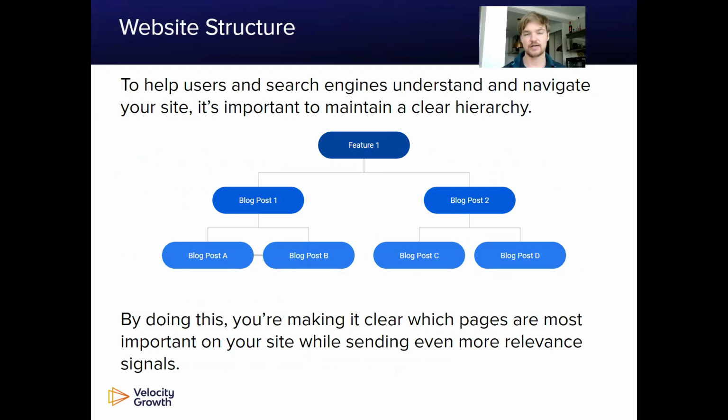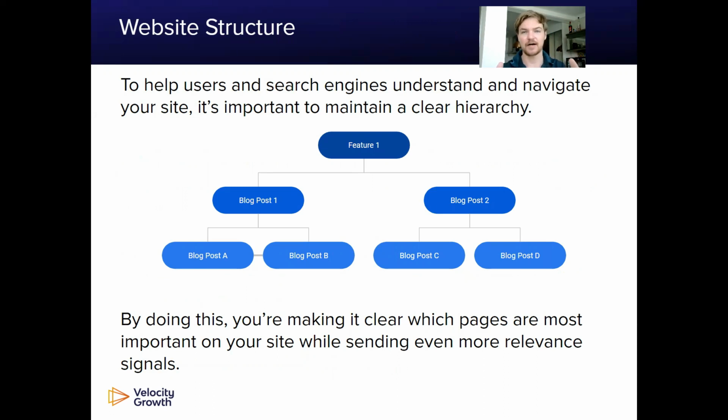You can see here an example of, I guess, conceptually what this looks like. Feature one of your SaaS may be, for example, email marketing, right? So you may have an email marketing software, or maybe a business marketing software which includes email marketing.